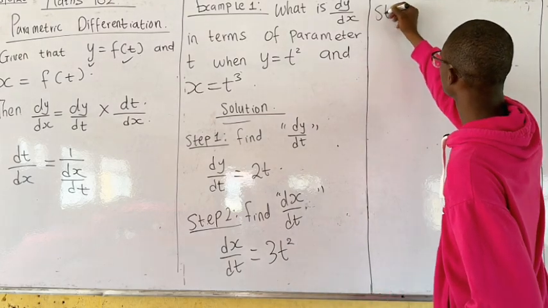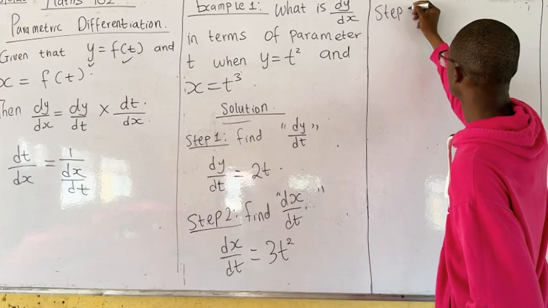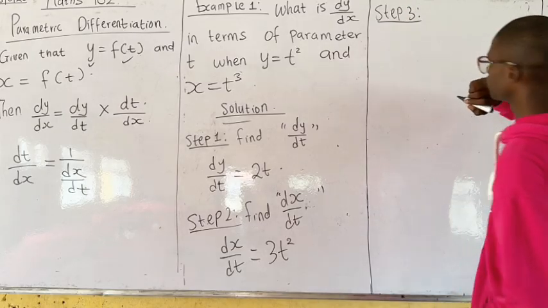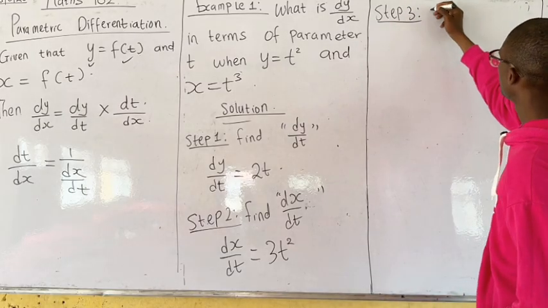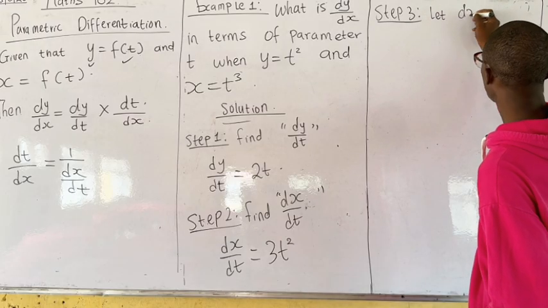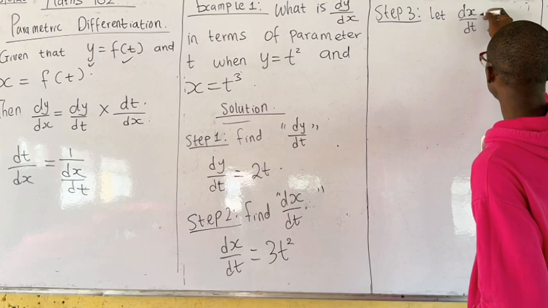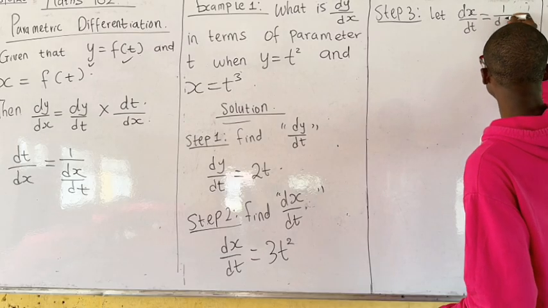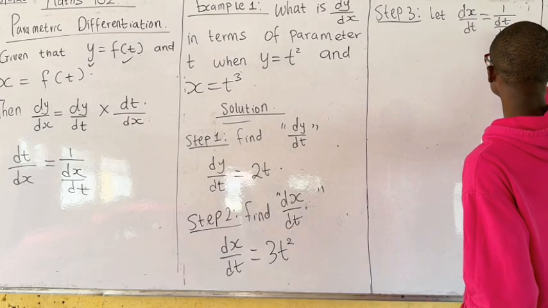Now step 3: let dt/dx equal 1 over dx/dt.